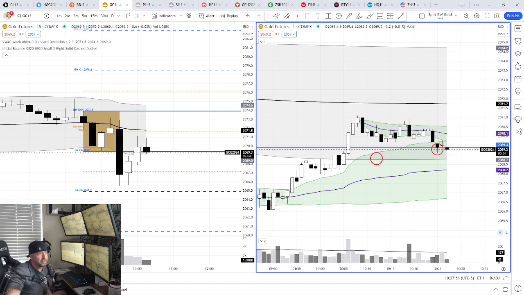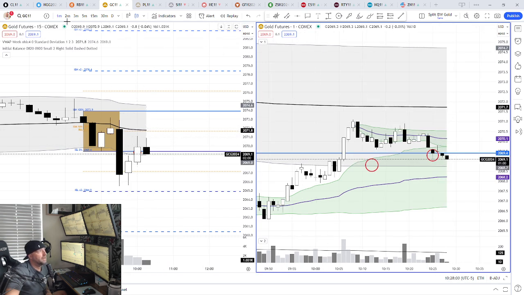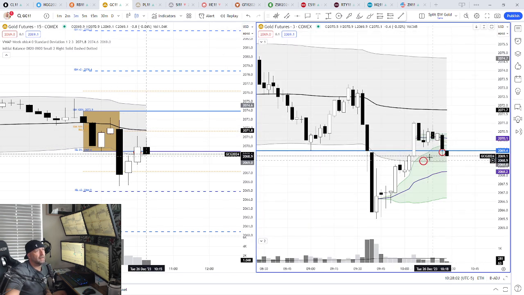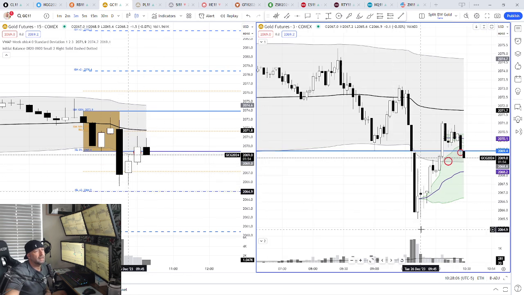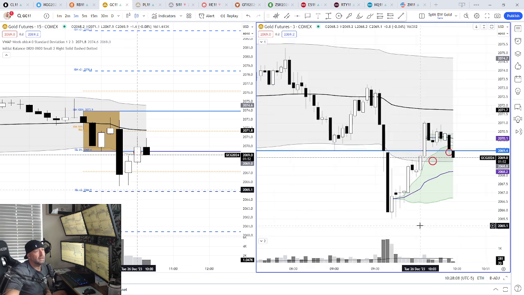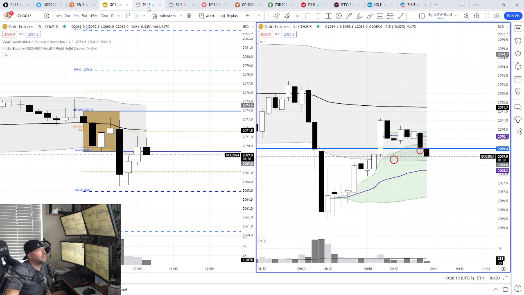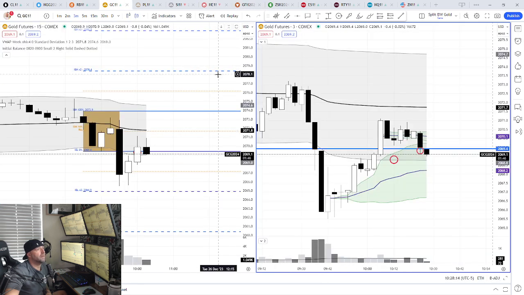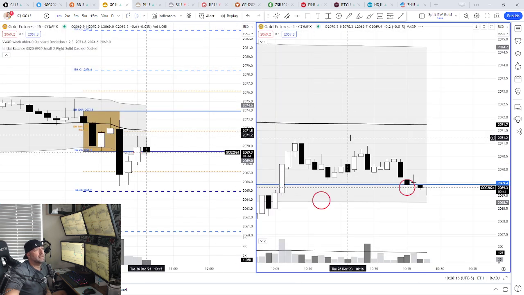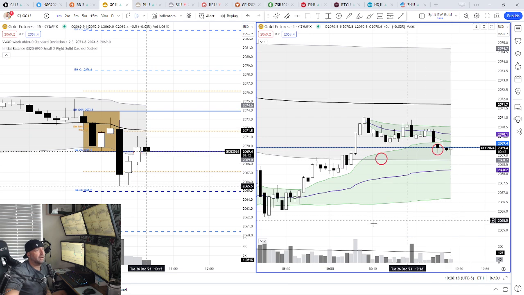Oh, I just switched over so you could see these anchor VWAPs a little better. On the 3 minute on a short, they're a little harder to see. So yeah, all these are 3 minute charts, and I just switched over just so you could see those levels a little better.